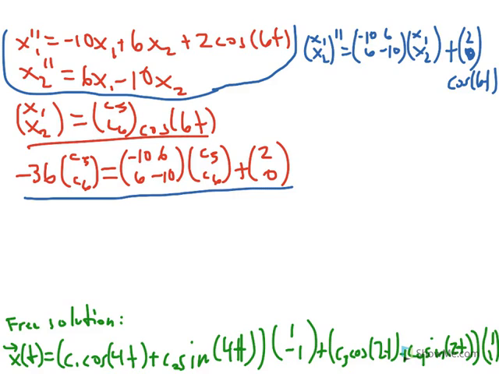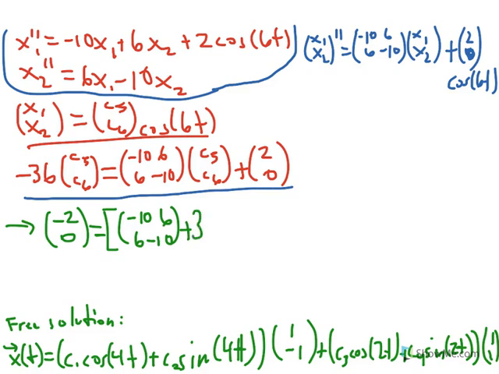And from here, all we do is rearrange. Now, after rearranging, we get the expression. We move the 2, 0 to the other side and get negative 2, 0 equals the A matrix plus 36. Remember, this is a scalar, so we have to multiply by the identity matrix, 36I, times C5 and C6.